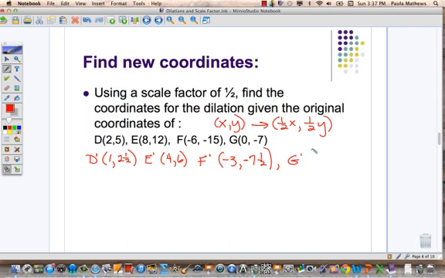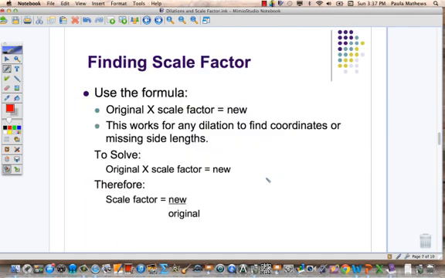And then G prime, well, half of 0 is still 0, and then half of negative 7 is negative 3.5. And so there's my algebraic rule, and I can find those new ordered pairs without physically graphing.